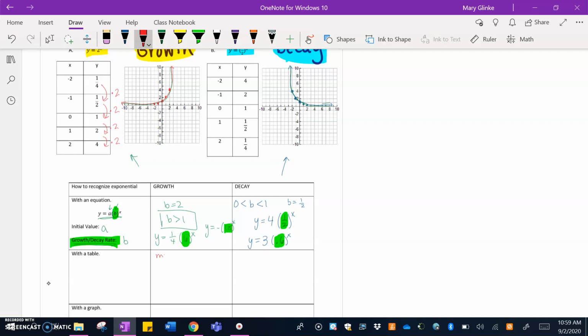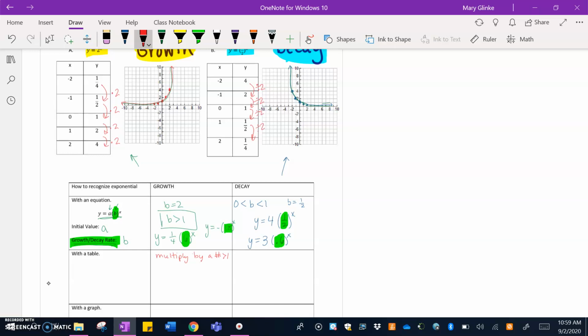So if you are multiplying by a number greater than 1, that's going to make it exponential growth. The decay functions are going to be the opposite then. From 4 to 2 and then 2 to 1 and 1 to 1/2, these are dividing by 2.